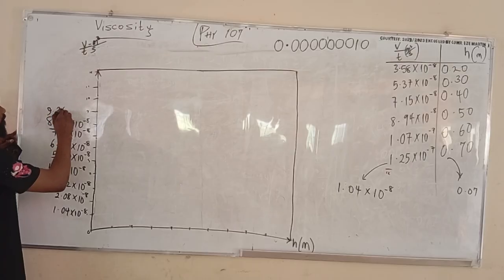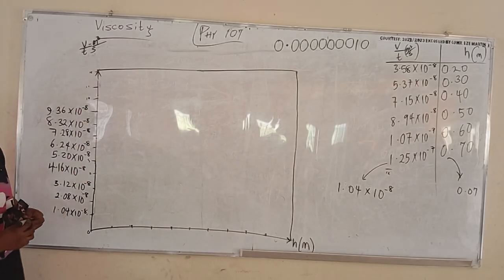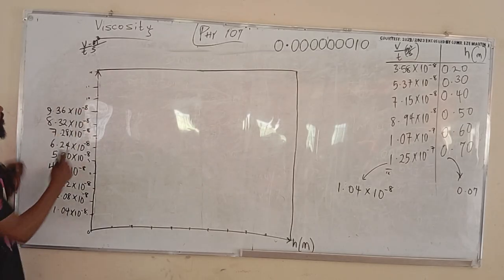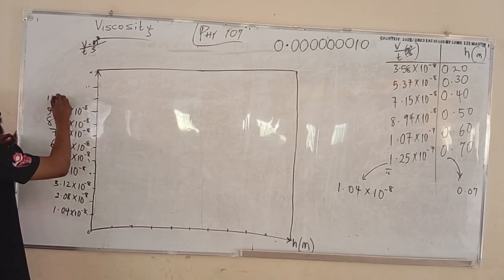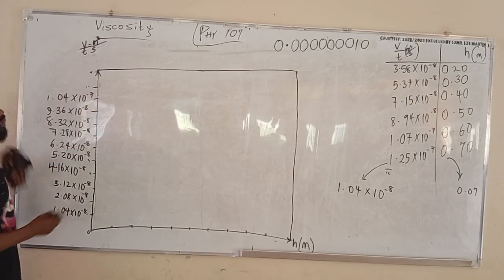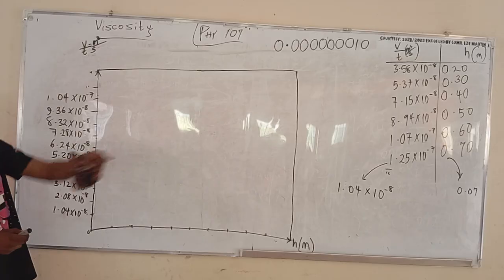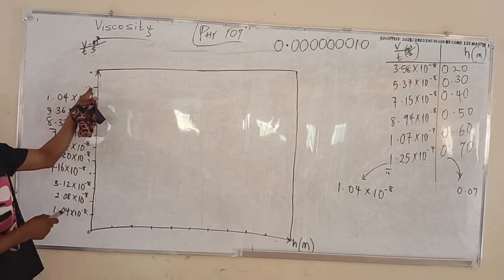9 points. You see what you have? Wow. Do 10. 1.04 times. Okay, now do for me that same thing times the 11th point.